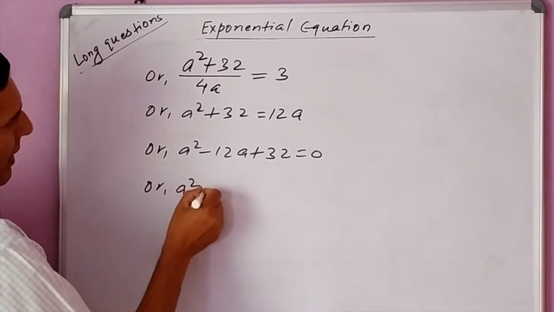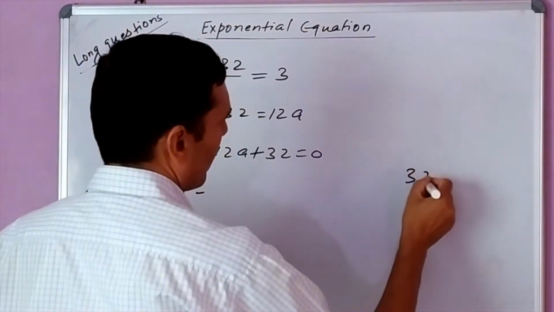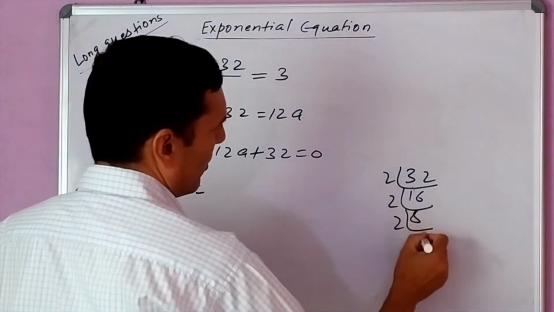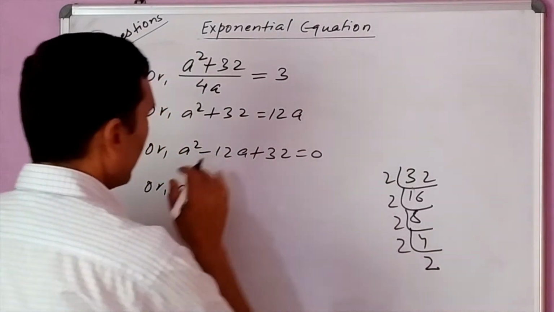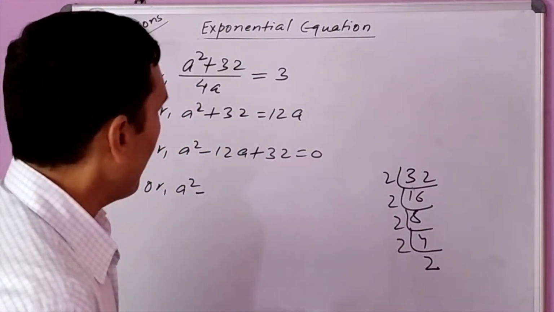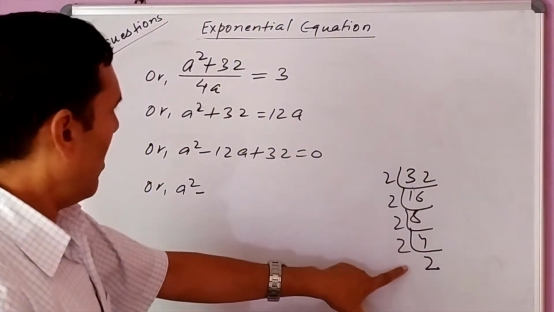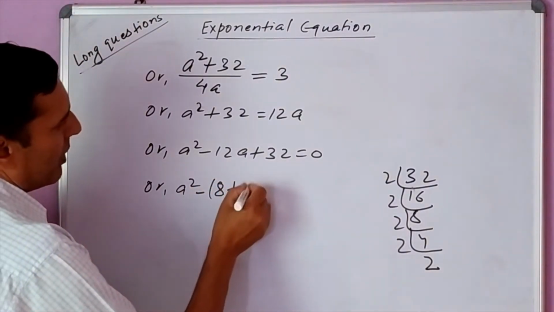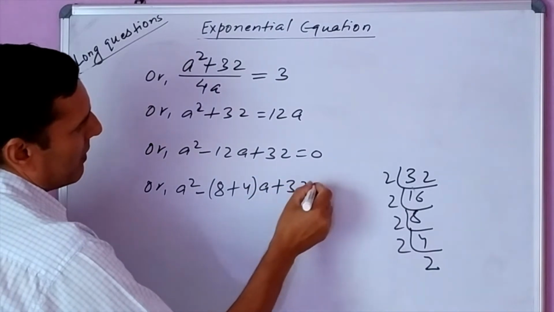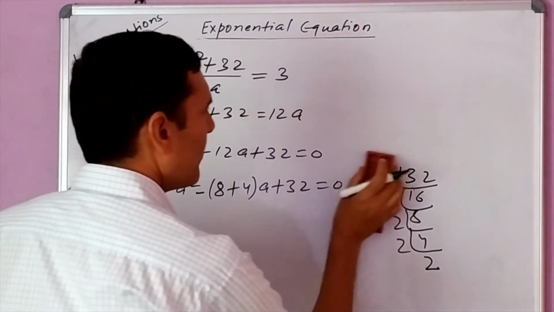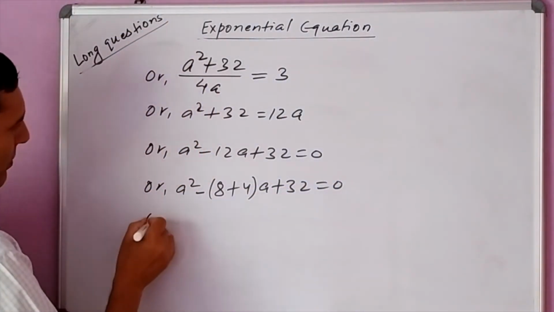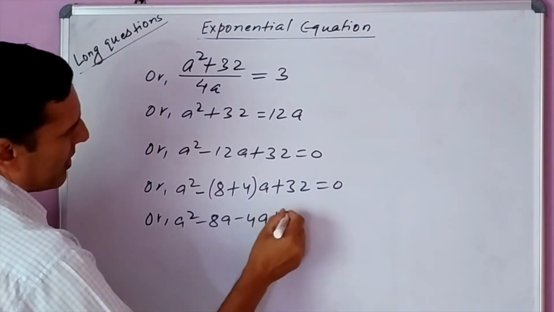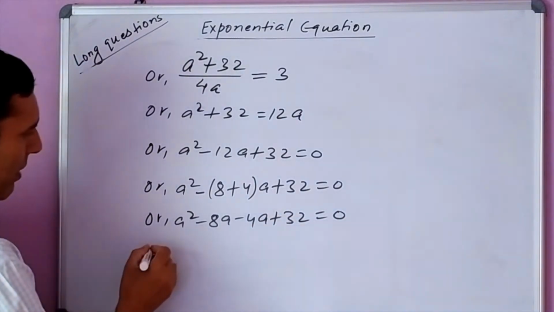So a square minus 12a plus 32. 2 times 16, 2 times 8, 2 times 4, 2 times 2. How do we get this 12? To get this 12, 8 plus 4. So a square minus 8a minus 4a plus 32 is equal to 0.